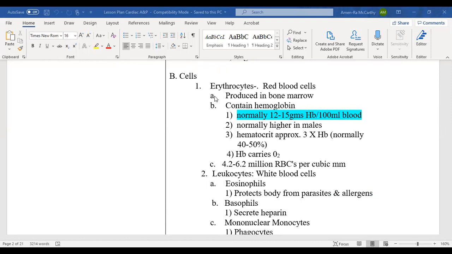Is that on your note-taking guide? You need to make sure you write it. Produced in the bone marrow. What's very important about the red blood cells is they contain what's known as hemoglobin. The hemoglobin is what attaches to oxygen.